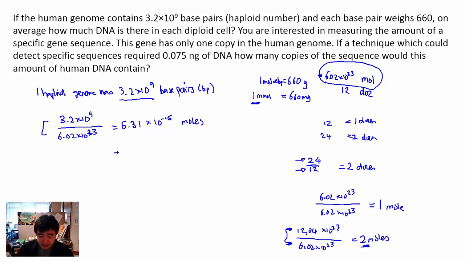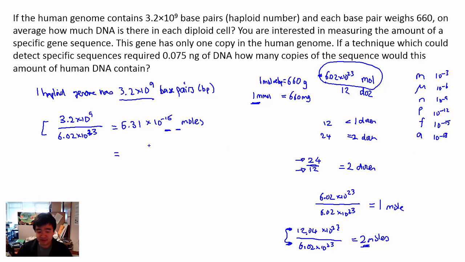Okay, so now let's convert this into a prefix unit. Let's put something in front of here in order to get rid of the 10 to the minus. Now our prefixes start out with milli, and then they go micro, nano, pico, femto, followed by atto. So milli is 10 to the minus 3, this is 10 to the minus 6, 10 to the minus 9, 10 to the minus 12, 10 to the minus 15, and 10 to the minus 18.